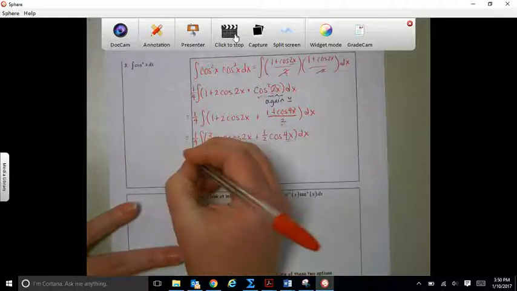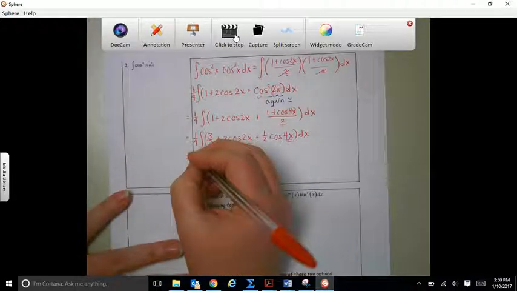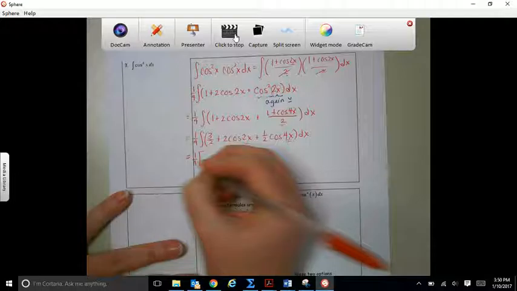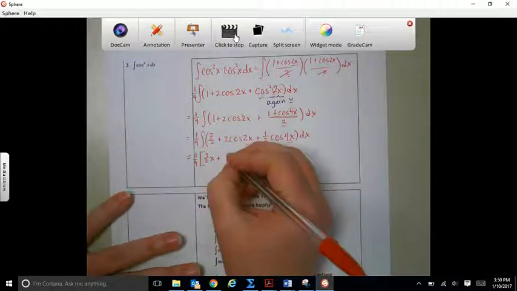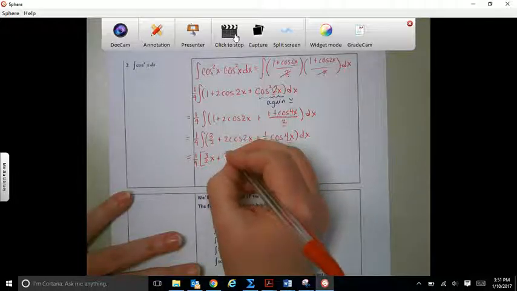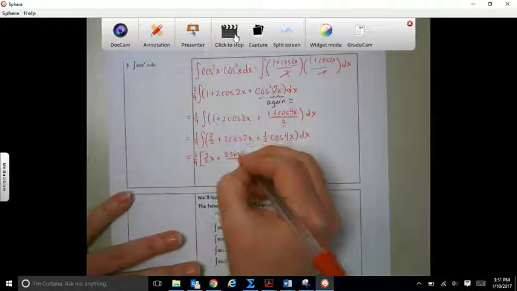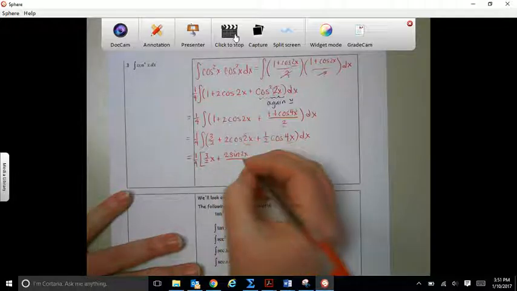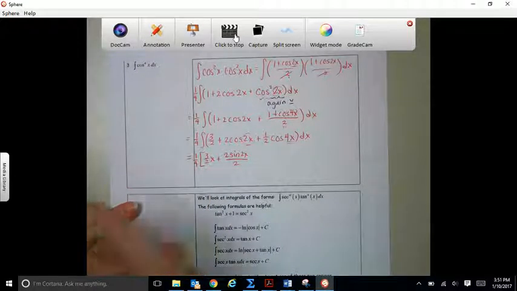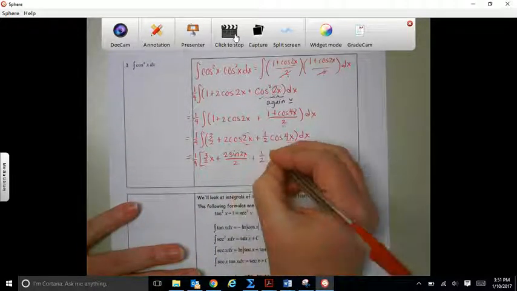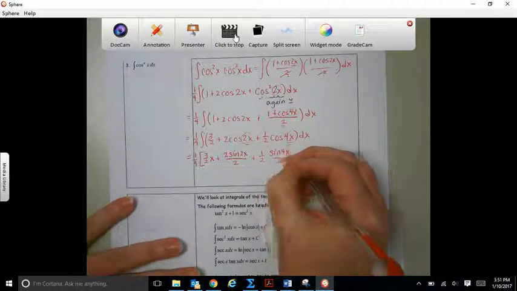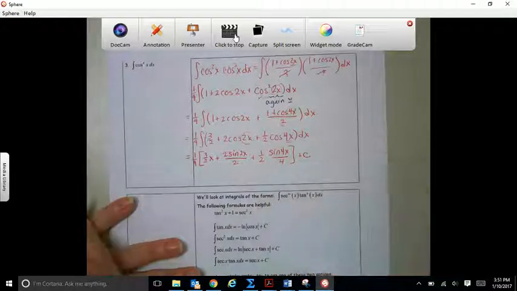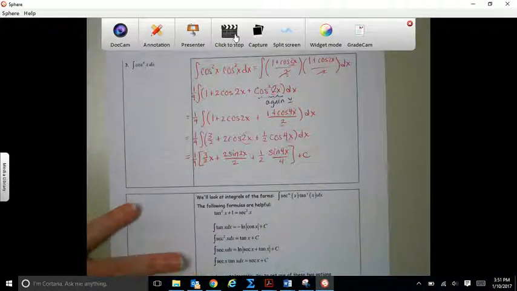So I can go ahead and take that antiderivative. So I have the 1/4 antiderivative cosine. 2 goes along for the ride. I have the sine, and then I divide by that derivative, which would be 2. And then let's just rewrite that.